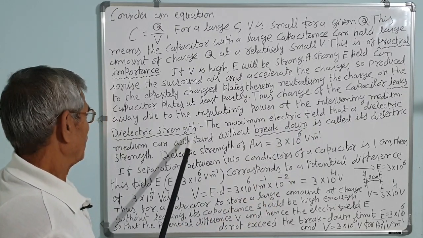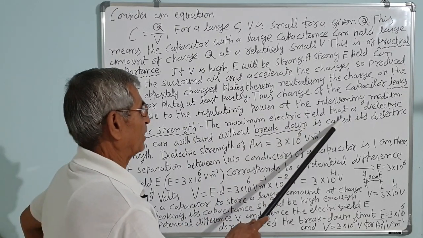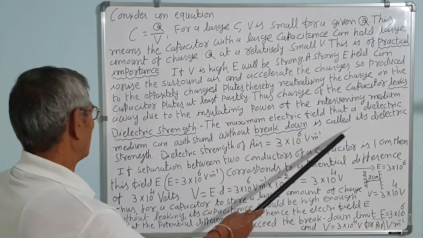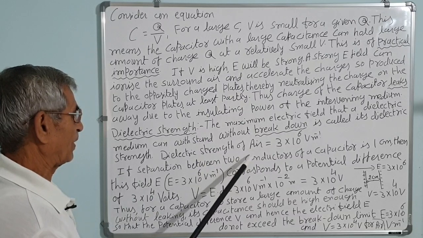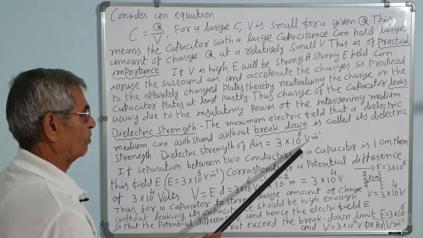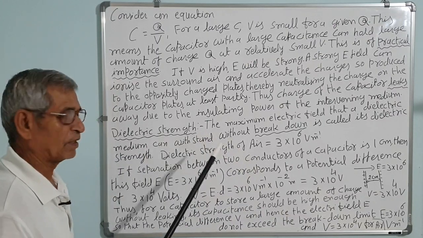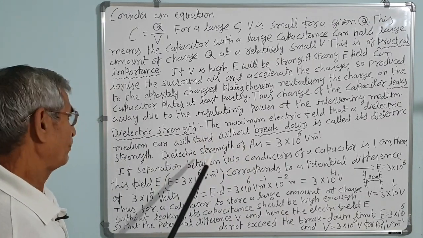Now, dielectric strength. The maximum electric field that a dielectric medium can withstand without breakdown is called the dielectric strength. Dielectric strength of air is 3 into 10 raised to 6 volt per meter. This is a very important factor you should keep in mind. It is asked in examination a number of times.